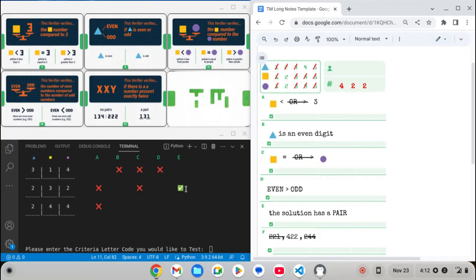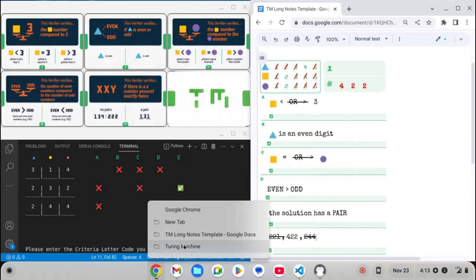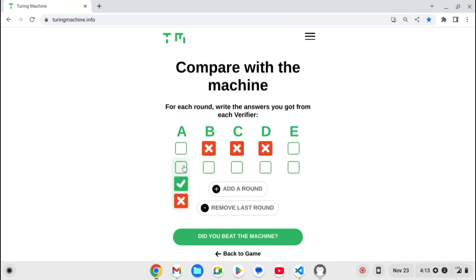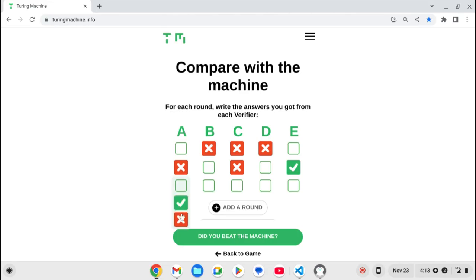And the only thing that we got right was E, that there should be a pair. Everything else was wrong. Okay, and we of course retested A in the third round. Okay, so let's go ahead and type that up. So B, C, D were all wrong. And then we did A, C, and E was correct, and A was still incorrect.